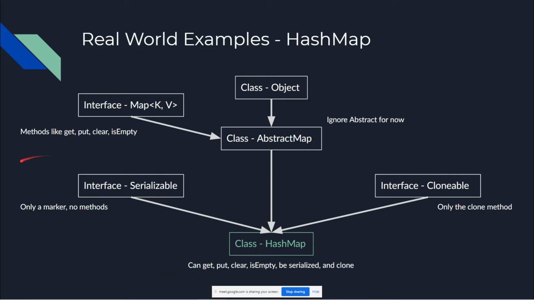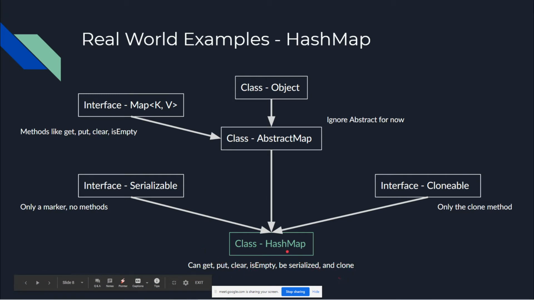And then the serializable interface, it's only a marker interface, which we're not really going to cover because generally you don't need to use it. And this cloneable interface, which only has this one clone method. The hash map implements these in addition to implementing the map interface. So it has all of these put together.